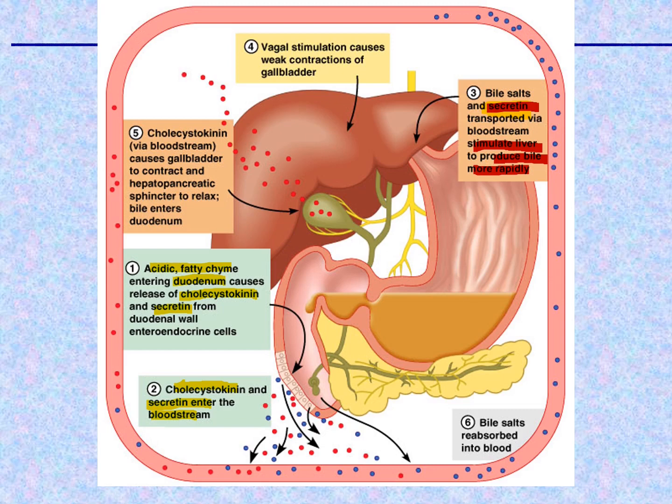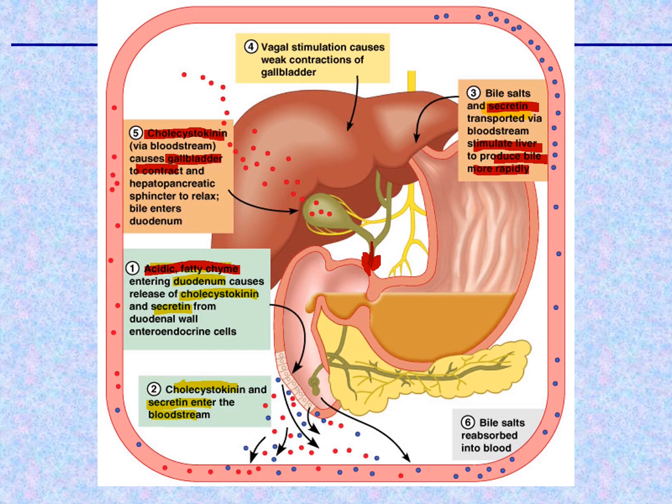Meanwhile, the cholecystokinin that was also released in response to acidic fatty chyme goes also through the bloodstream, and it does something different. It triggers contraction of the gallbladder and relaxation of the sphincters that control flow of bile through the bile duct, allowing more entry of bile into the duodenum.